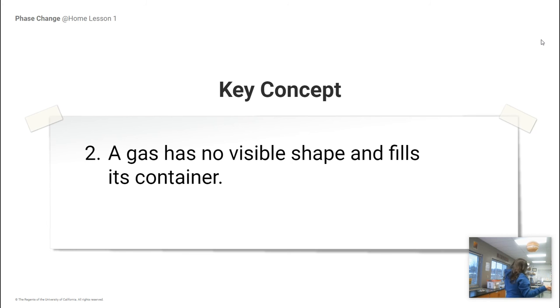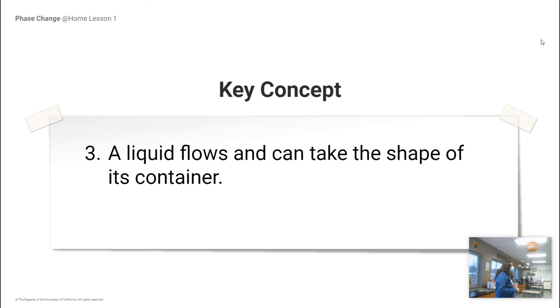But if I take the oxygen and I try to catch it, I have oxygen in my hand now, believe it or not. It's now taking the shape of my hands, and it's filling my container. So gases have no visible shape. You can't see their shape. And they fill their containers. Okay? So they take the shape of their containers, even though you can't see them.